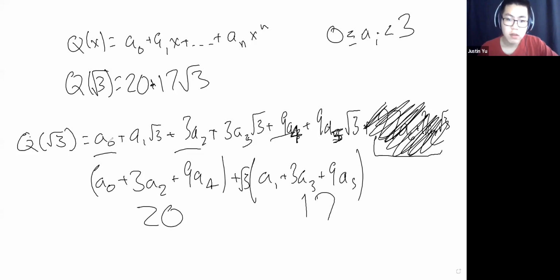So whenever we have irrational numbers that look like this, we can get a bunch of equations just by comparing parts. So in this case, we're comparing the 20 parts and we're comparing the root 3 part. So we need to find a combination of a0, a2, and a4 that satisfies these conditions. That's sum to 20. So what can we do?